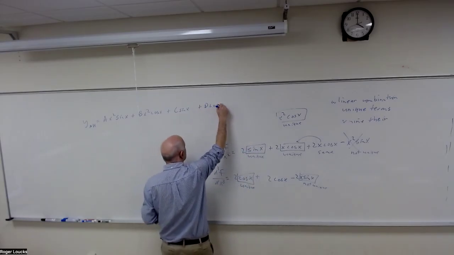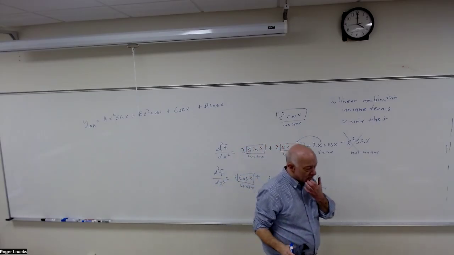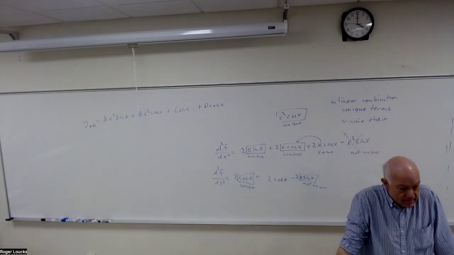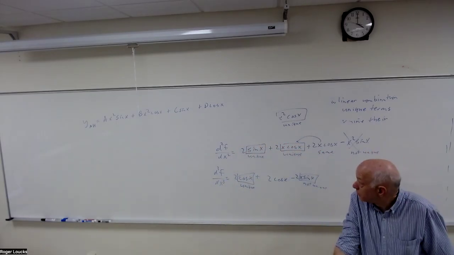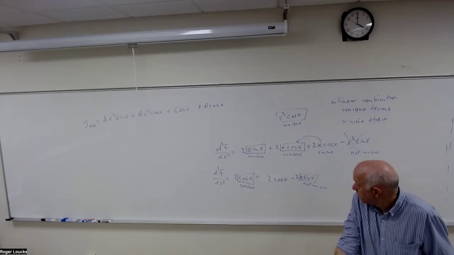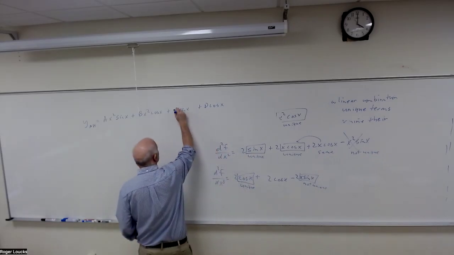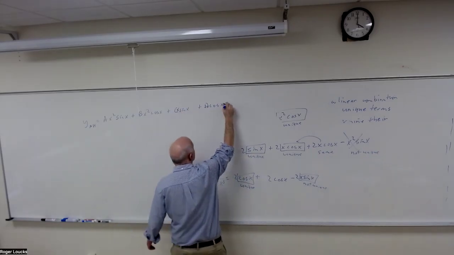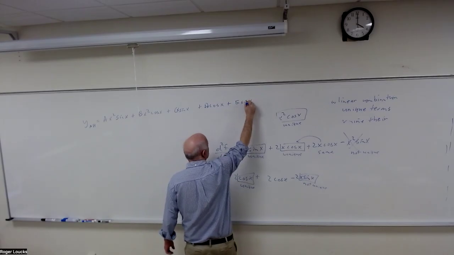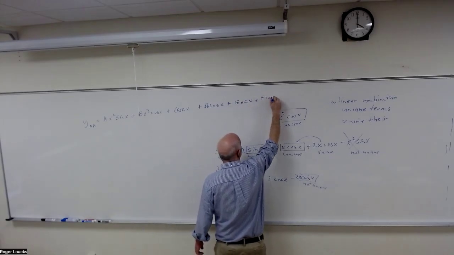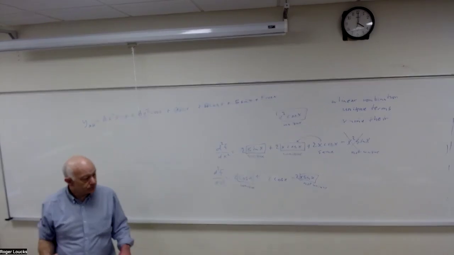That's what you have for that. Don't I have all the pieces? Oh, I dropped my x terms. Okay, sorry about that. Up an x here, and E cosine of x.